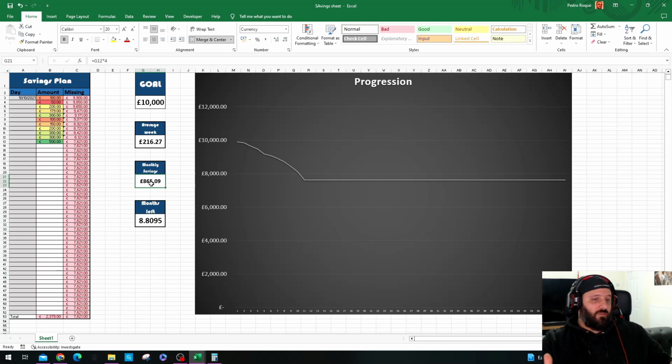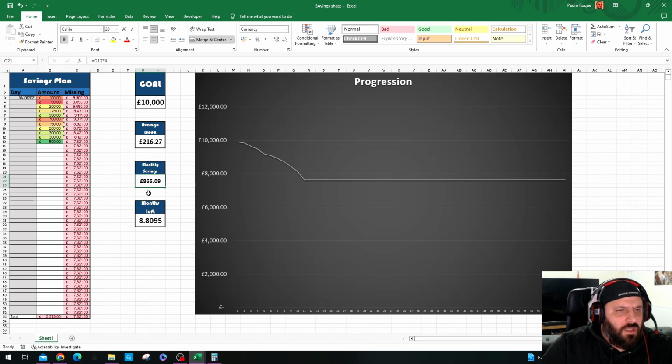So if you keep saving £865 a month, you're gonna achieve this goal. How did I get to £865? Okay, because the average is 216, because this is weekly payments.